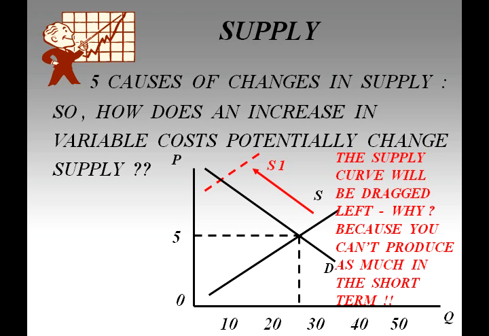So therefore, supply will decrease, and supply for the product in the market will decrease and shift the supply curve to the left because we can't produce as much in the short term.